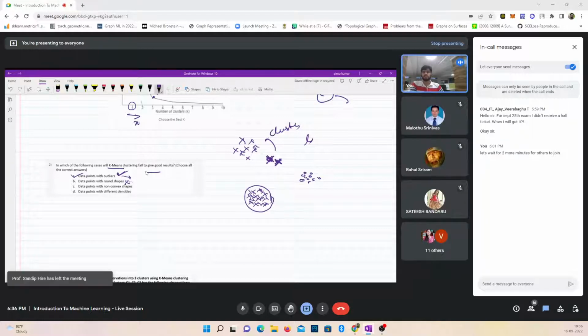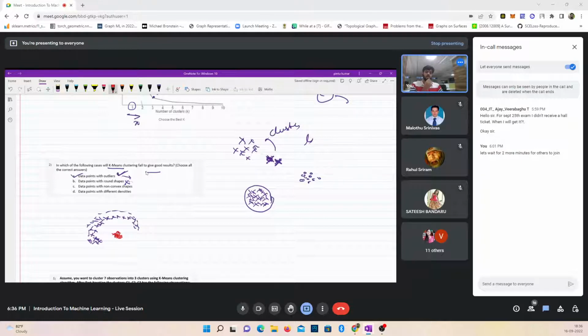The third point is that the data is non-convex in shape. Let's say your data is something like this, one type of data points, and another type of data points is something like this.